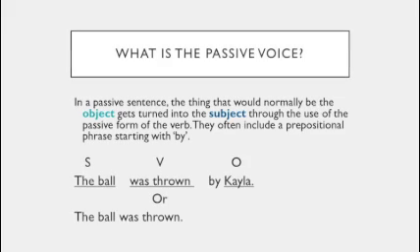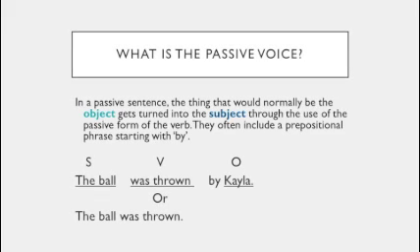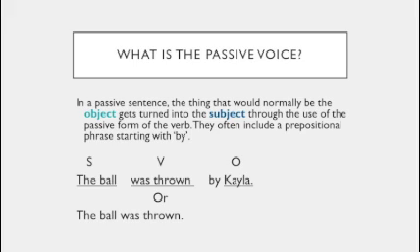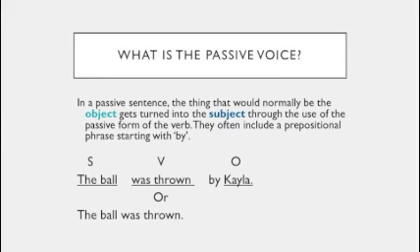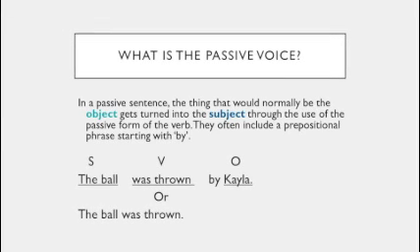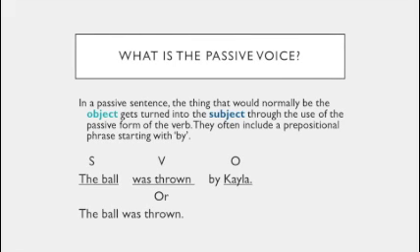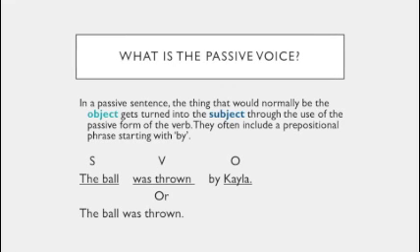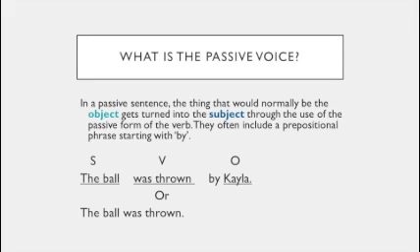So remember this, with a passive sentence, we're saying that the focus is more on what is being done rather than who is doing it. Whereas in the active sentence, you focus more on who is doing the action. So in this case, we have the ball was thrown by Kayla, or simply the ball was thrown without saying who by.